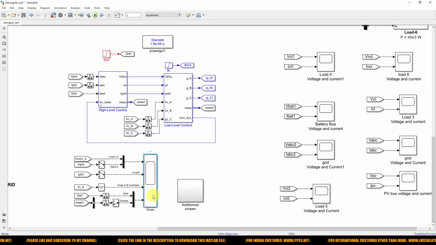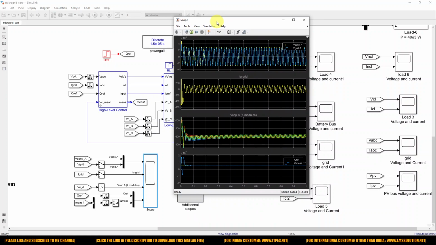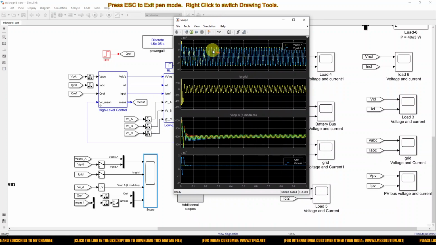Here you can see the single phase full bridge MMC voltage and the grid voltage. Both are in phase. Then this is the current of the grid. This is the voltage of each full bridge MMC, and then you can see here the blue color is the actual reactive power and yellow is the reference.